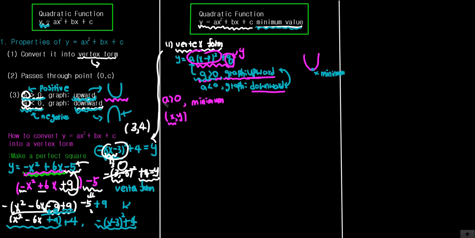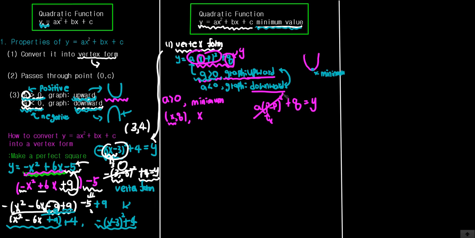So all you have to do is find the x value, and the y value is also q, so I will write it as q. If you input x as p, it will be a times (p minus p) squared plus q, and that should be equal to y.